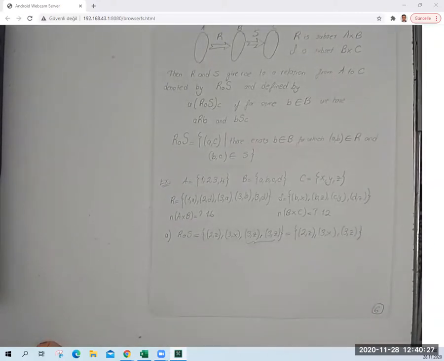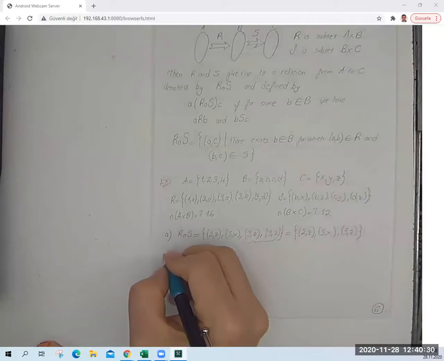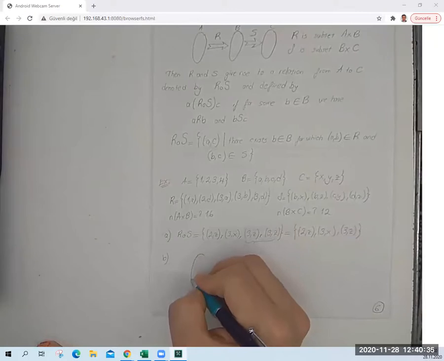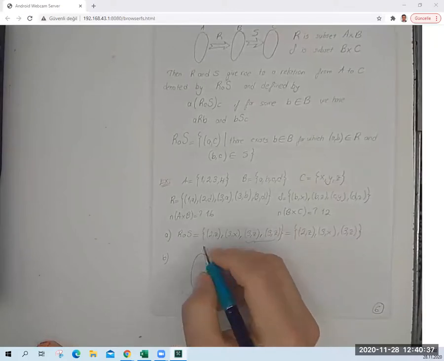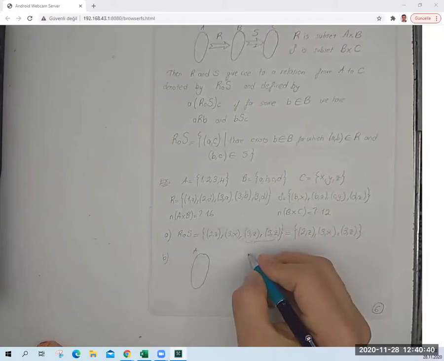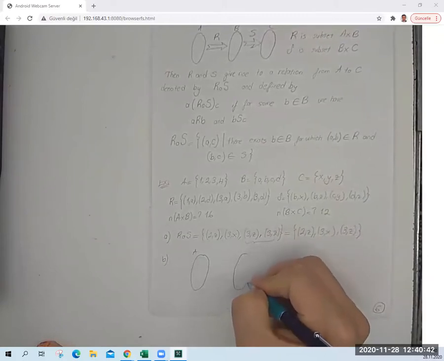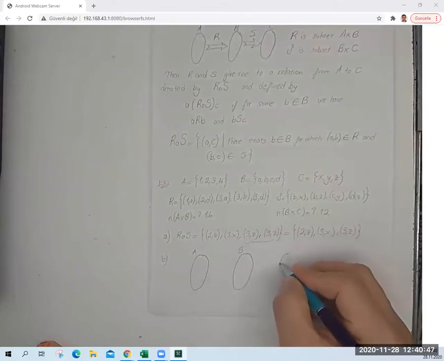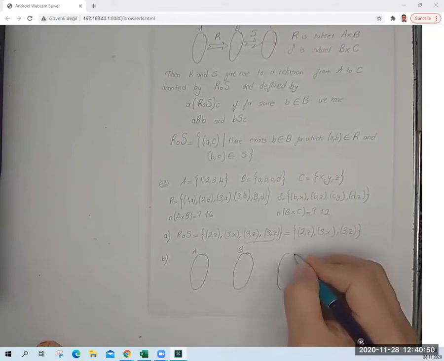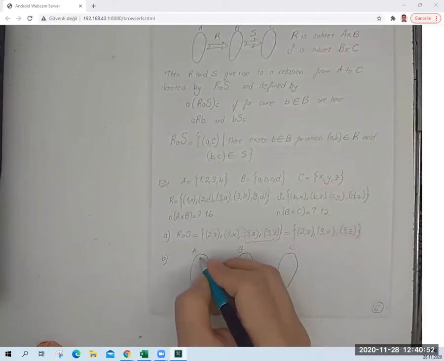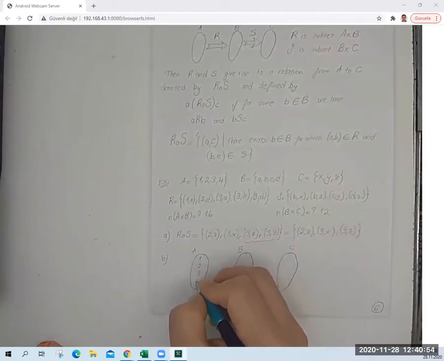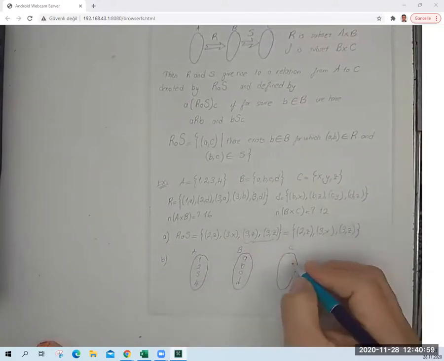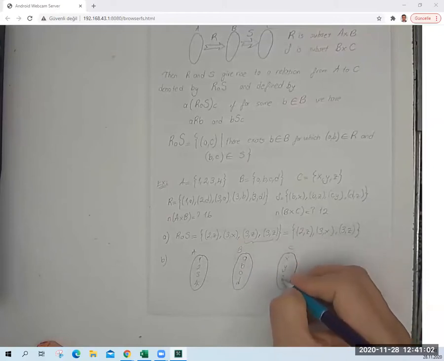And I can also draw that composition relation as a Venn diagram using the sets A, B, and C, with 1, 2, 3, and 4, and A, B, C, D, X, Y, and Z.